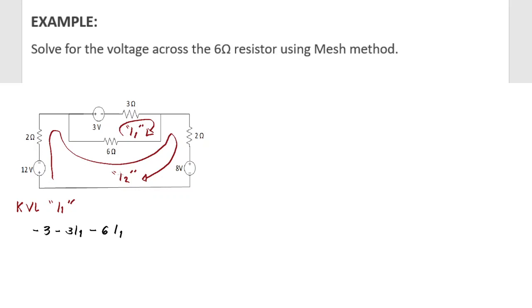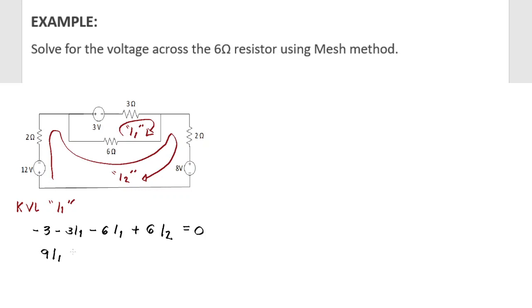For the IR drop with respect to loop current I2, you need to know the direction of I2 with regards to I1. I2 on the 6 ohm resistor is to the right, but your I1 is to the left. Since I2 is opposite to I1, which is our point of reference here, that would be a positive 6I2, then equals 0.